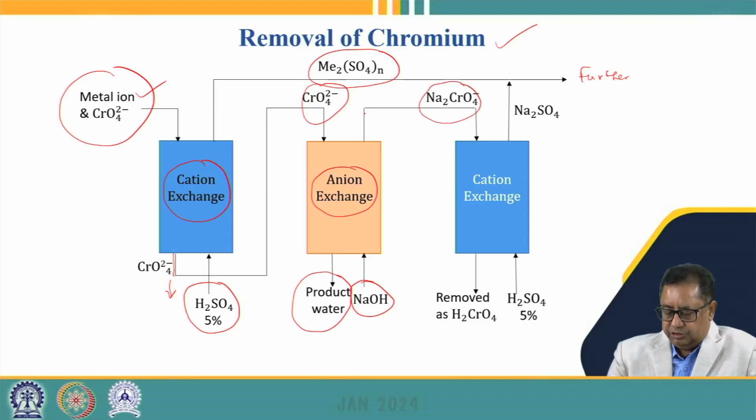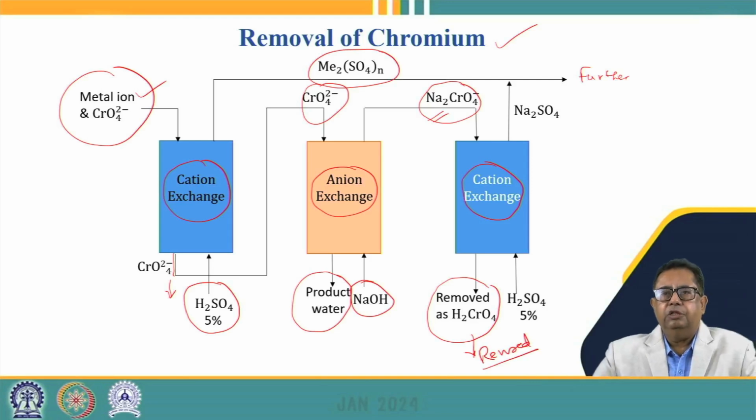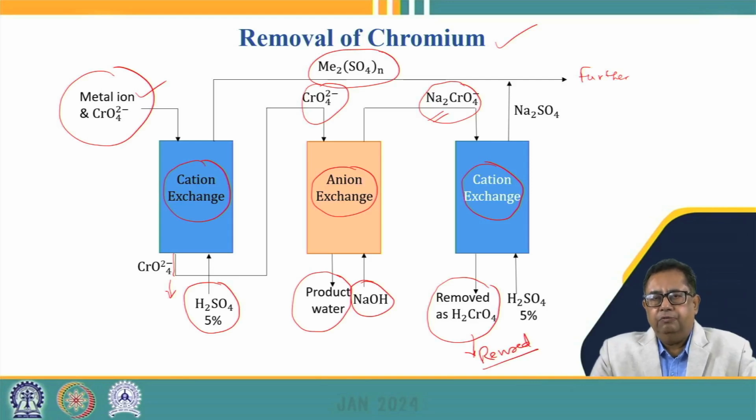Now this waste regenerant solution is again passed through a cation exchanger, where the sodium is exchanged by H plus ions. So now it is obtained as H2CrO4, and this can be used for the electroplating bath solution. That's how we can recover the chromate for our further applications in the electroplating bath.